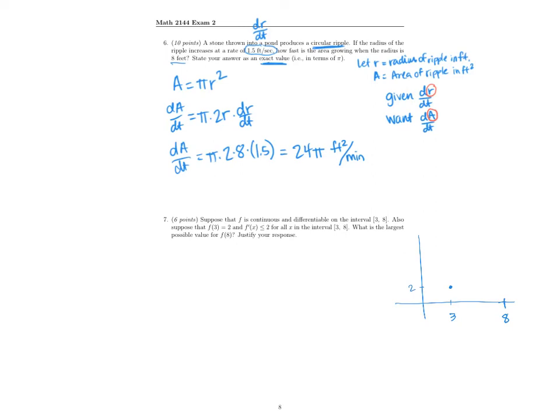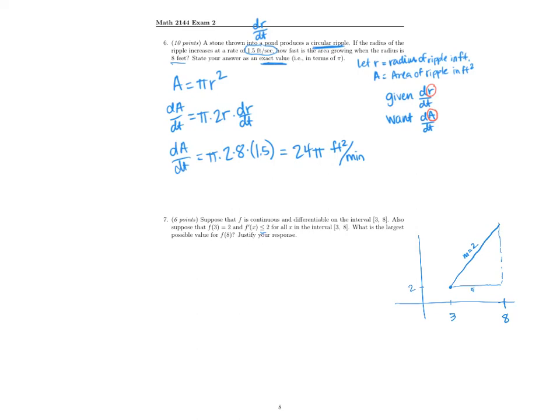If the slope of the function is less than or equal to 2, the largest possible value will happen when f prime is equal to 2 on the whole interval. So that would be this positive slope of 2 here. If I have a function with slope 2, then over the course of 5 units, from 3 to 8 is 5 units, how far up would it go?